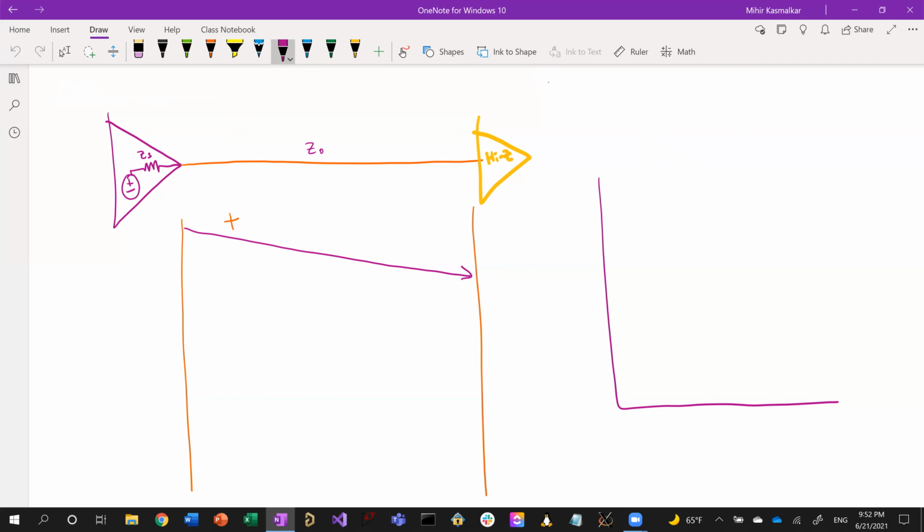So you'll see a reflected wave, and this will have the same polarity as the original wave. You have these two waves that are going to be superimposed on each other: the incident wave traveling forward and the reflected wave traveling back.